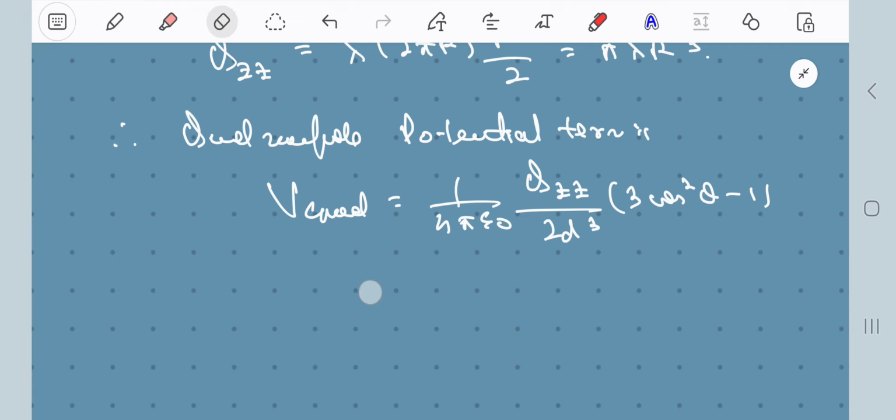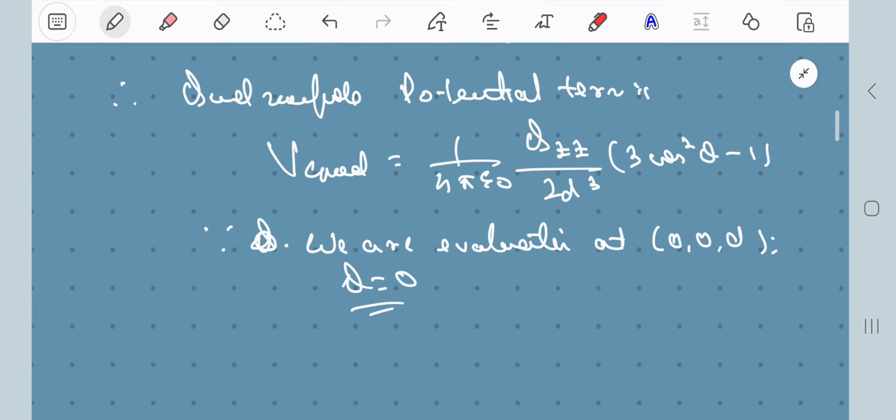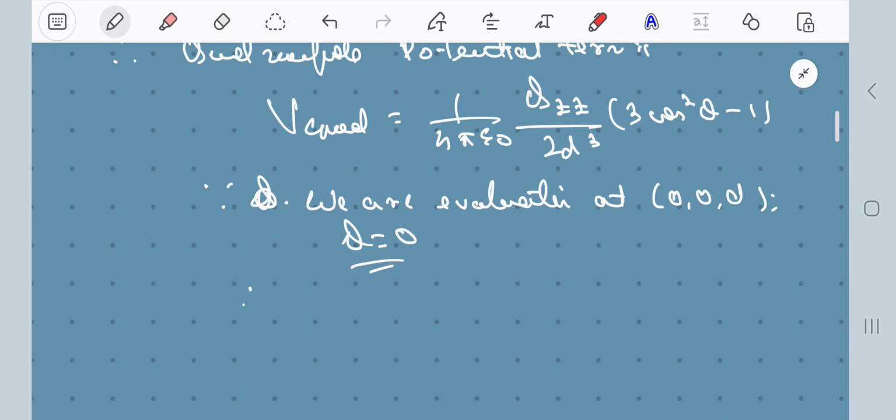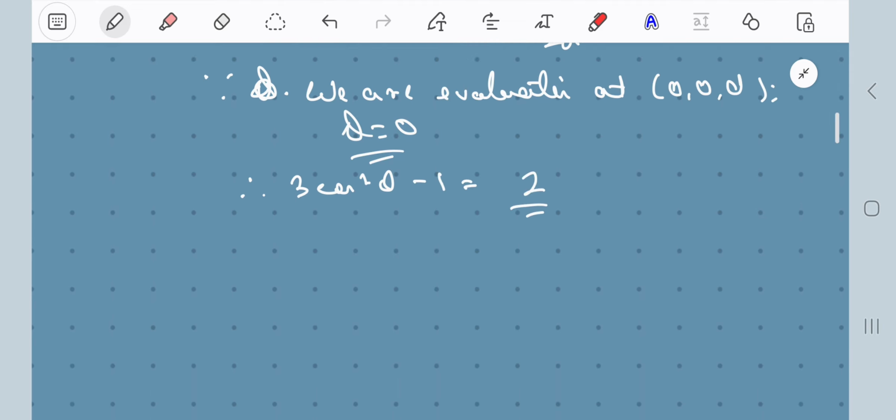So let us keep this formula for now because we need to evaluate the parameter theta. Okay, but the parameter theta is very easy to solve, right? Since we are evaluating at the point (0, 0, d), therefore theta must be equal to 0, right? You can easily observe it. Therefore, my 3 cos square theta minus 1 is just 2 because cos 0 is 1, right?